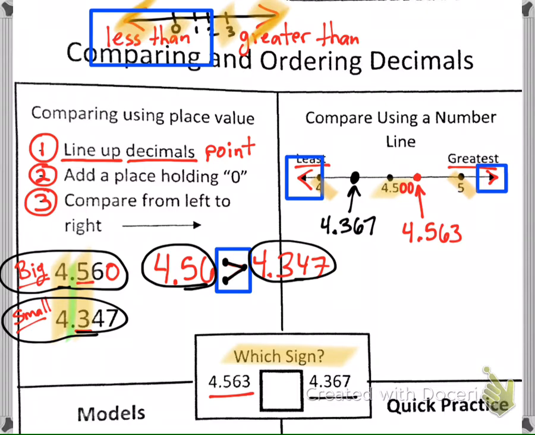So now that we put them on the number line, it's really easy to see which number is biggest, because 4 and 563 thousandths is closer to the right than the other one, the one in black. Then we're going to use the greater than symbol, and that's the symbol that's on the right of the number line.